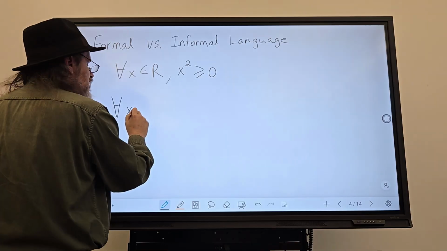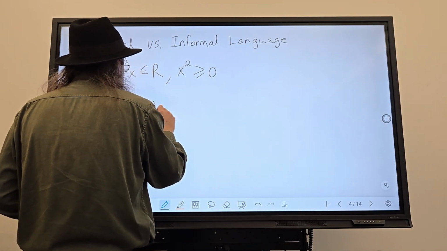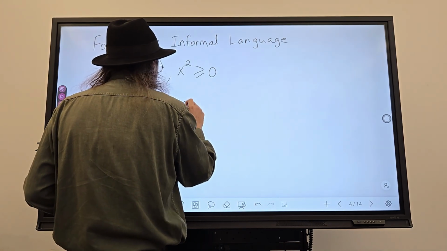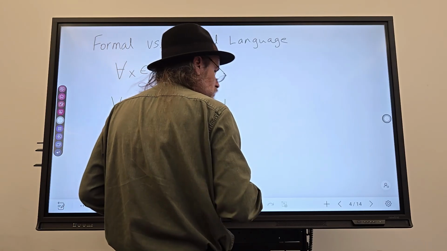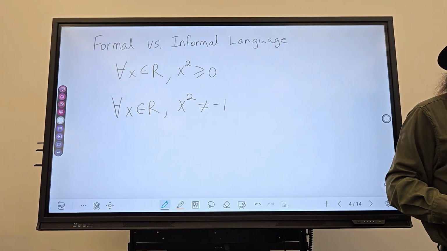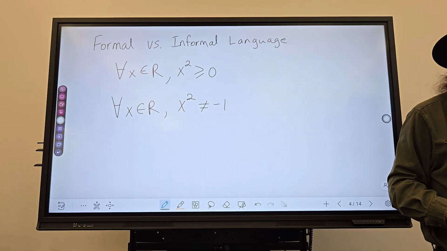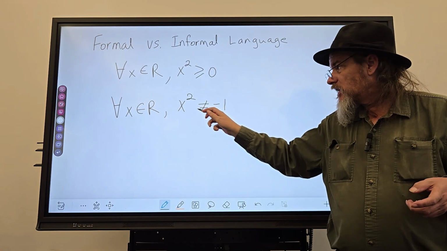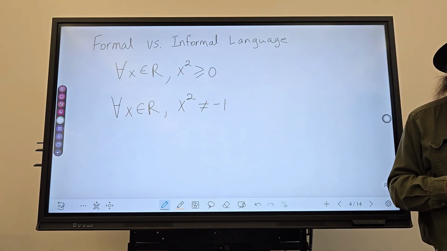For all x, an element of R, x squared does not equal -1. Yes, or no real number squared equals -1. Yeah.